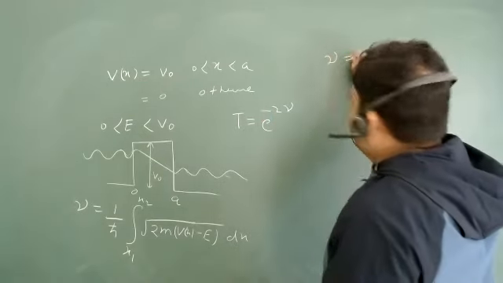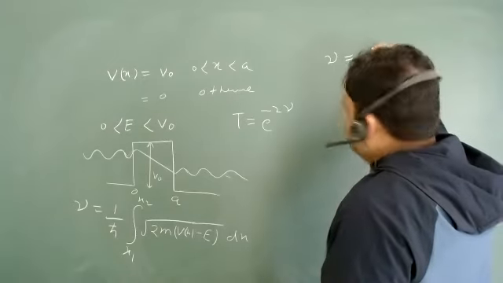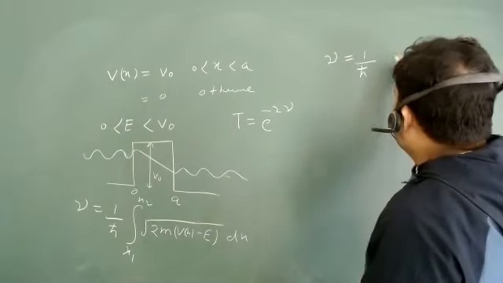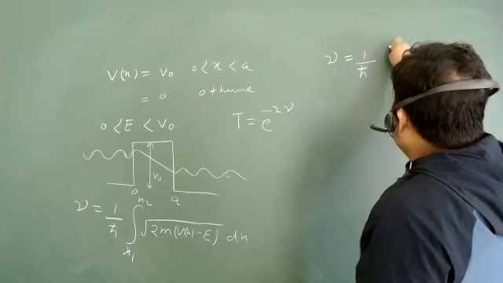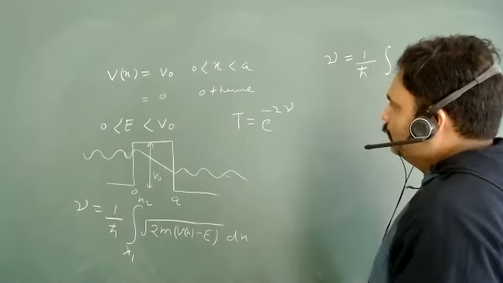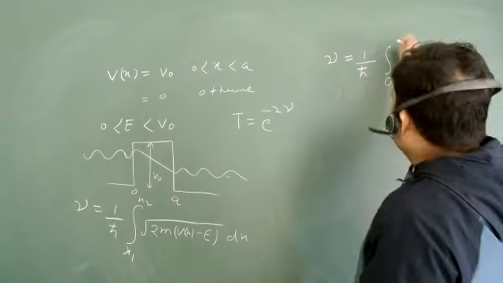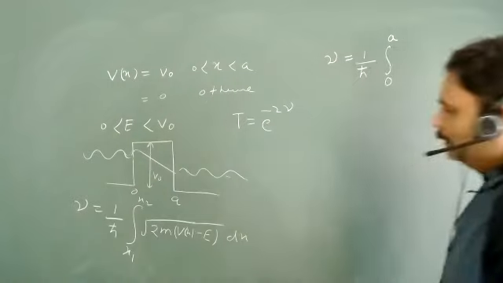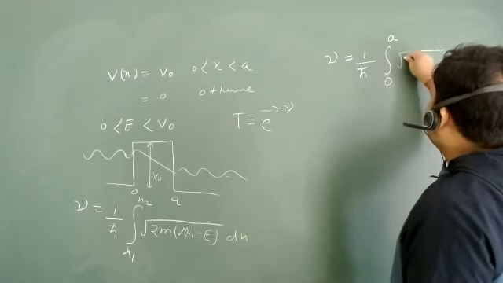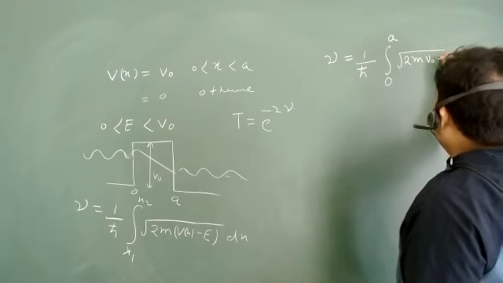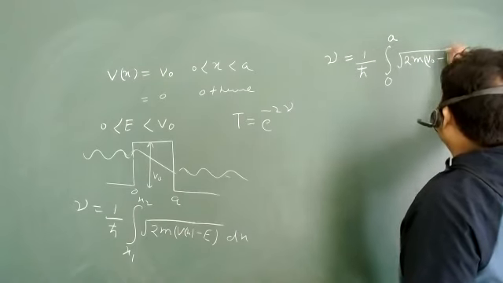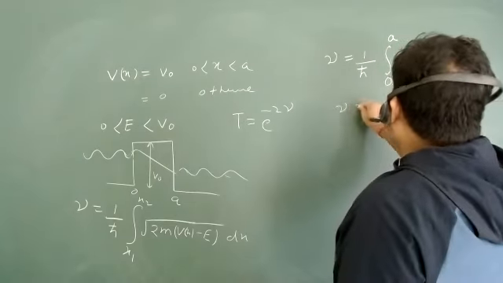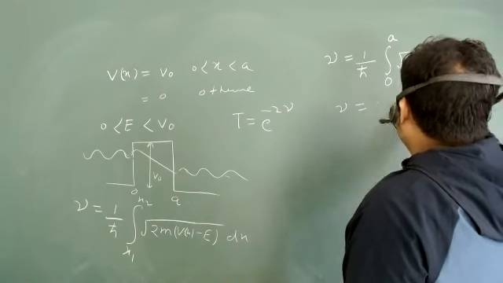So gamma is equal to 1 upon h cut, which is due to dimension matter, because gamma should be dimensionless, and the limits are 0 to a. These are my turning points. So we have to integrate root under 2m (V naught minus E) dx, and this is constant.